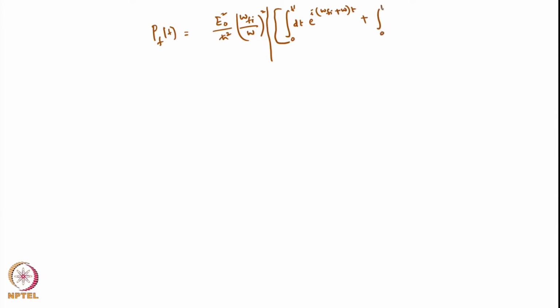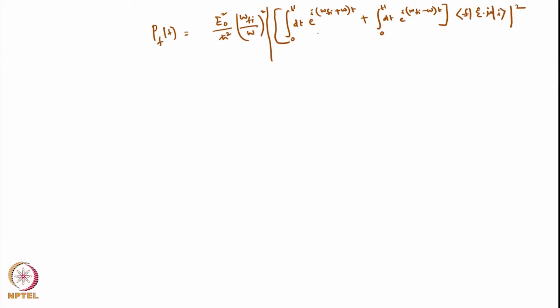Continuing, P f of t is equal to E naught square by h bar, omega fi by omega whole square, modulus of integral dt 0 to t prime e to the power of I omega fi plus omega t, plus 0 to t prime dt e to the power of I omega fi minus omega t, integral f e dot mu I whole square.